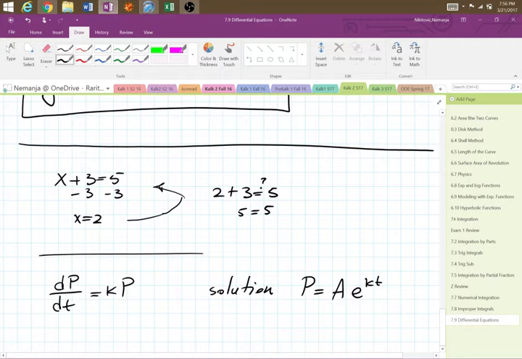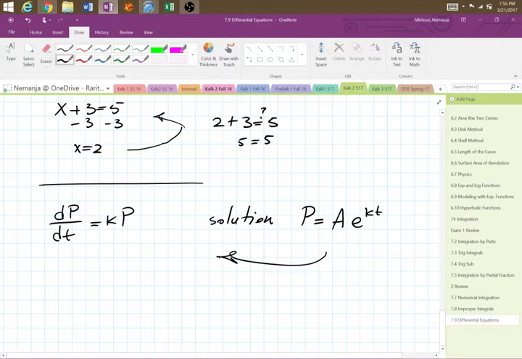So I need to plug that in. But look what I have. I have a derivative on this side. So in order to plug in, I first have to find the derivative and then plug that in, and then plug P in as is, and then see if the mathematics works out.